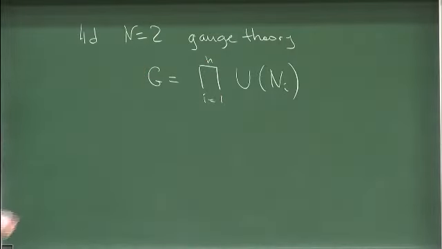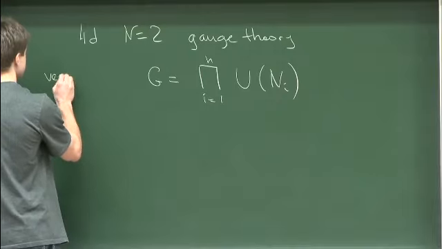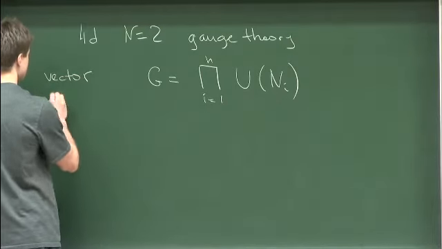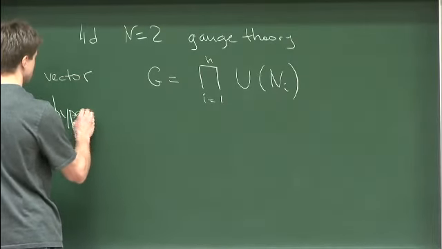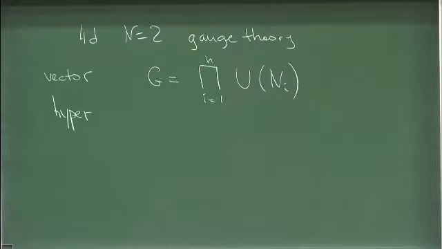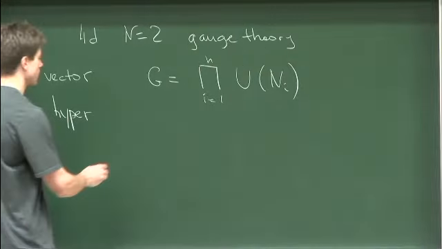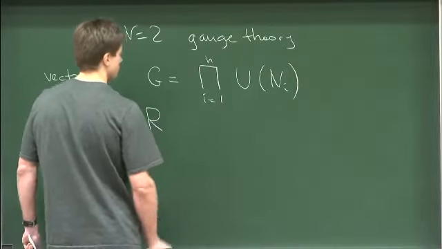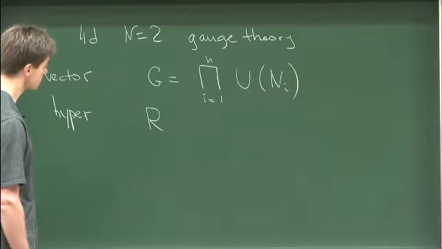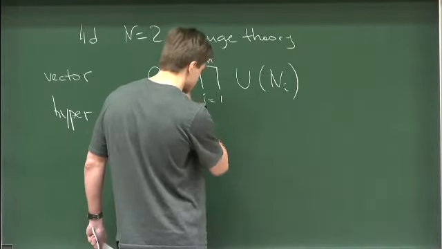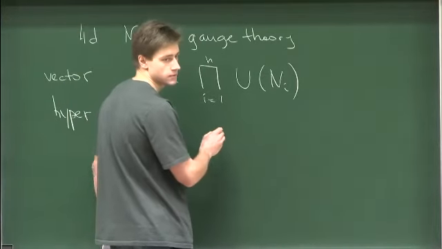And so the vector multiplet is determined by that gauge group, and the hypermultiplet is determined by the representation of the gauge group. And for the representation, today we take a sum over fundamental and bifundamental representations.